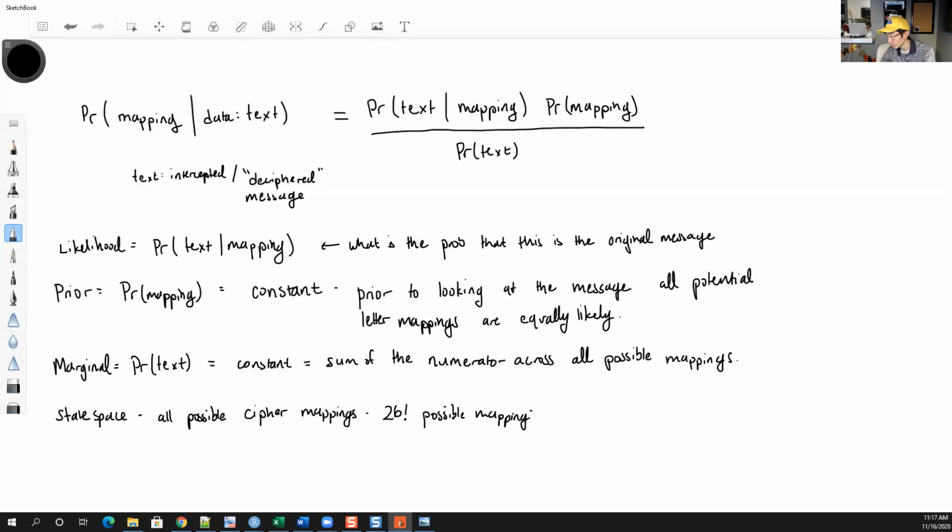Because when we create a mapping, the letter A can be mapped to 26 possible letters. And then once A is mapped, B can be mapped to 25.